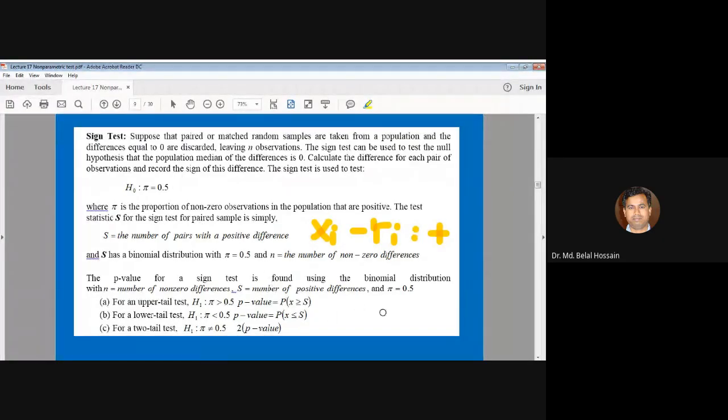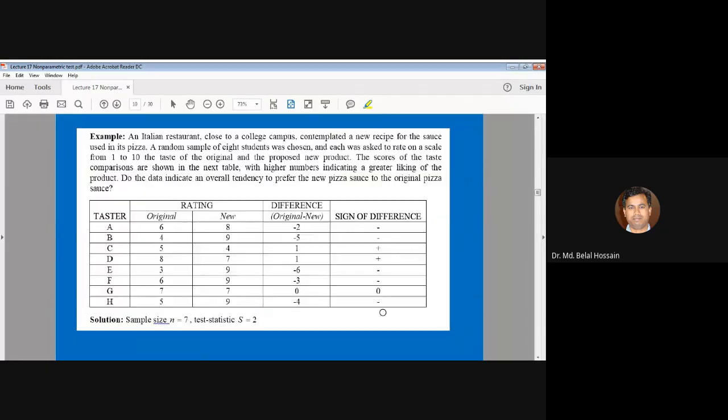So that is a sign test. We have an example here. An Italian restaurant close to a college campus contemplated a new recipe for the sauce used in its pizza.